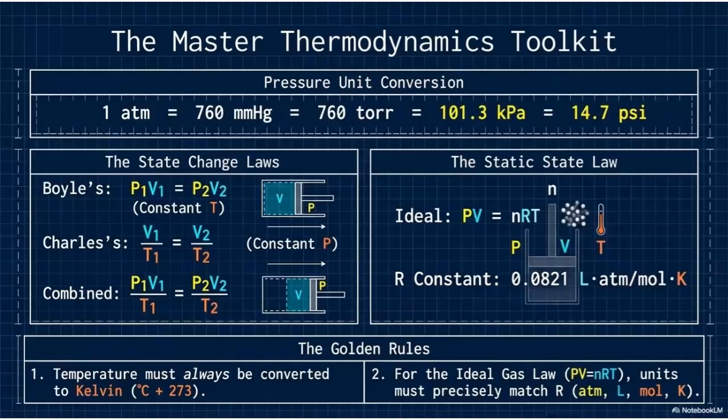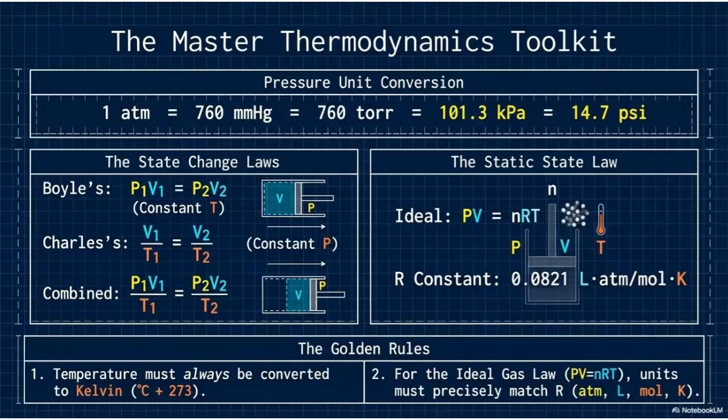Okay. So to summarize what we've done: some unit conversions to make sure the pressure has the units that we want. Normally, you want to convert those to atm. Then we have the laws that relate to state changes, either pressure, volume, or temperature, and that's your Boyle's, Charles's, and combined.